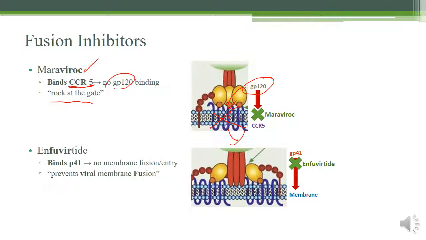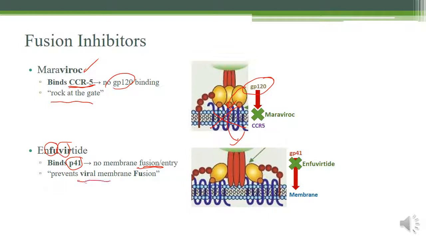The second part of the HIV's envelope is going to be the GP41, and that is going to be the fusion protein. It encourages fusion of the membranes. What we can use is Enfuvirtide. I can remember it because Fu stands for fusion, and Vir means antiviral, so it prevents the fusion of our membranes together.